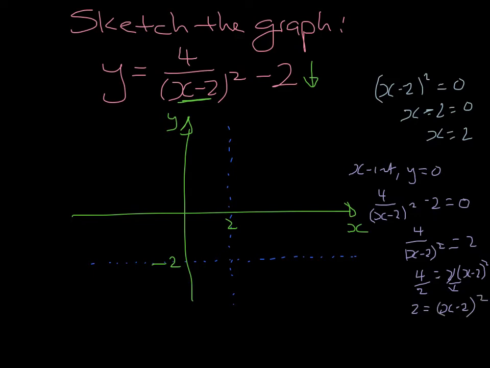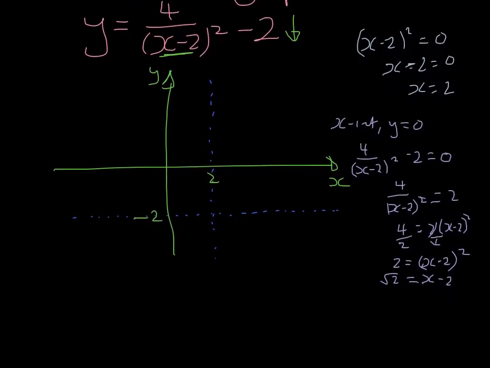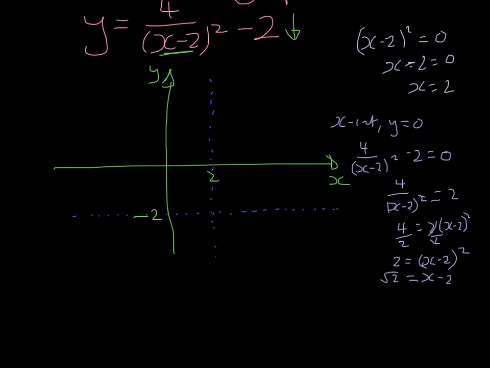Now if we square root both sides, we end up with root 2 equals x minus 2. Then I'll add 2 to both sides. And this is where I can move it up a little bit, because we know we're sketching that graph.